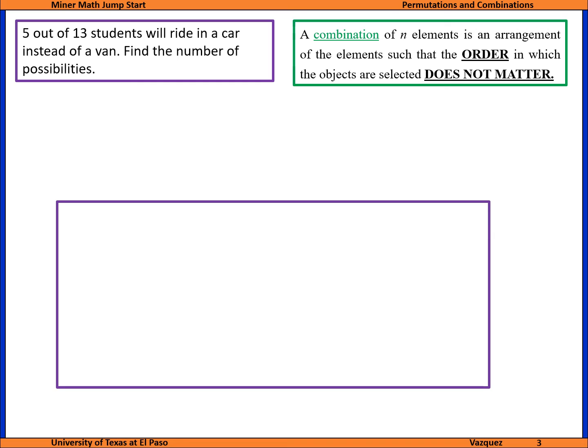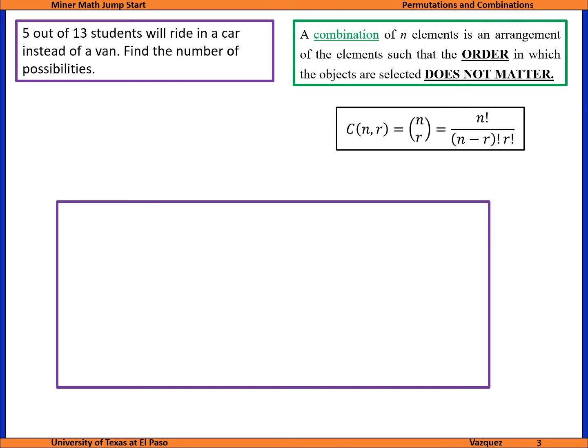Well, the formula for combination is this right here, which is exactly the same as a permutation. The only thing that changes is this R factorial is down there in the denominator. That one's added for the combinations. And this one, again, it's just a notation. This C is telling us it's a combination.